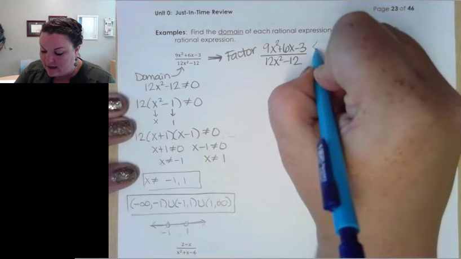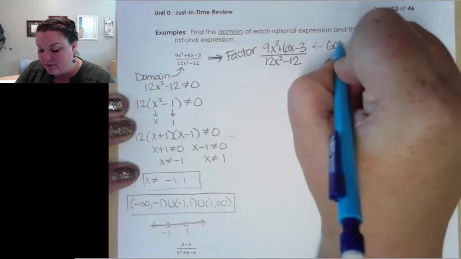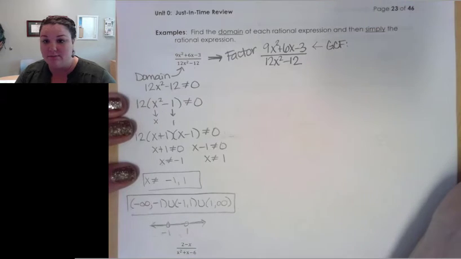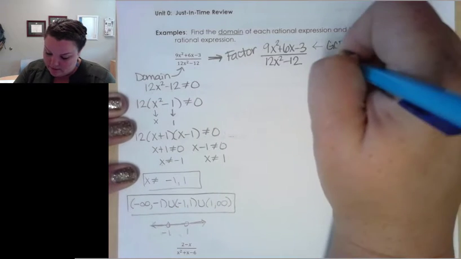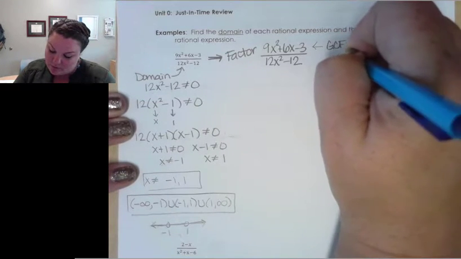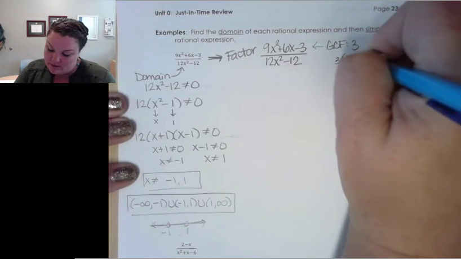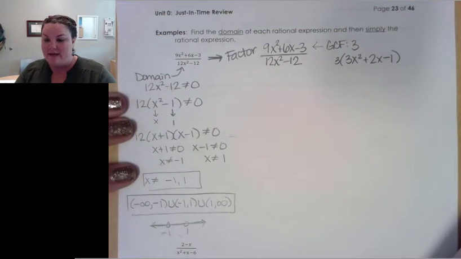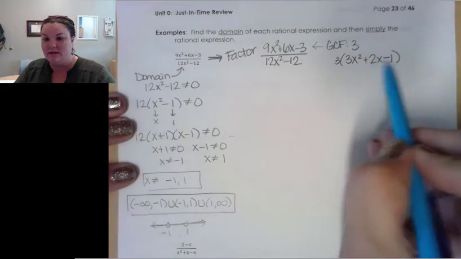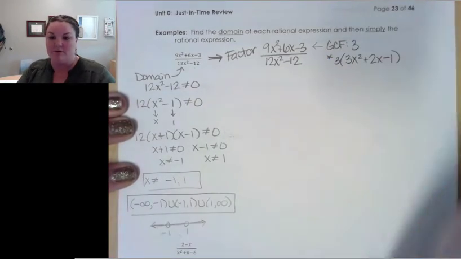The first thing that I noticed with the top is that we have a greatest common factor. There's something in common with all three terms, which is a 3. So I'm going to take out the 3, and that leaves me with 3x squared plus 2x minus 1. I'm going to put a little star here so I don't forget my 3.